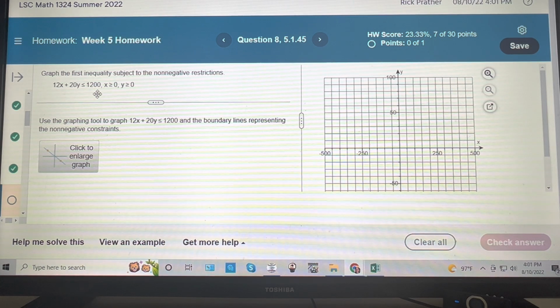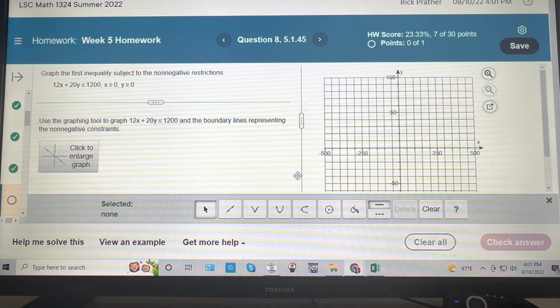How many pencils and pens can we make so we keep our costs at a minimum would be an example of a problem that we're going to see later. And you can't make negative numbers of pencils and pens. They could be 0, but they can't be negative. So that's why you're in the first quadrant: the pencils and the pens both have to be 0 or positive. So that's not what this problem's about, but that's what's going to happen.